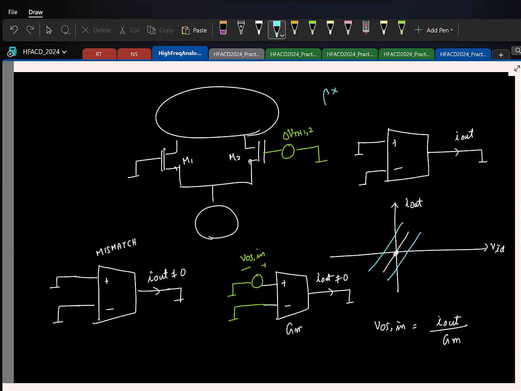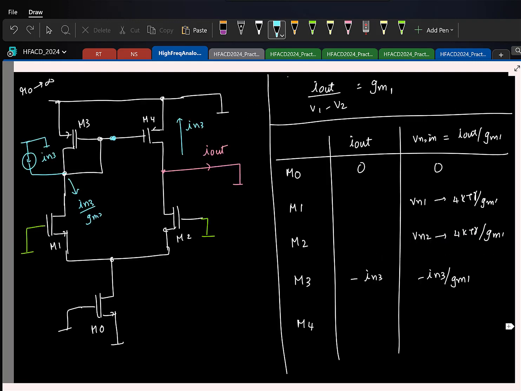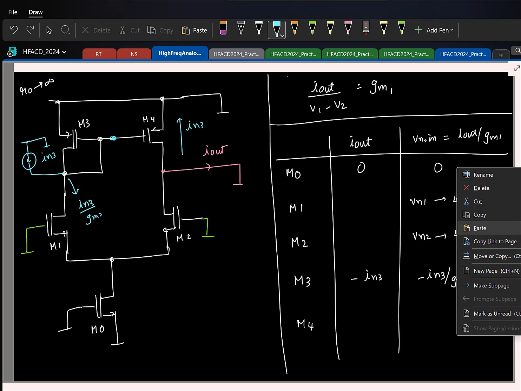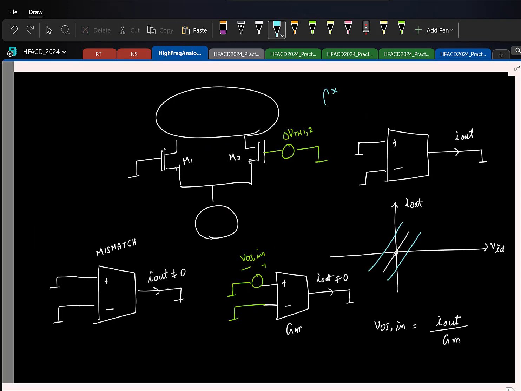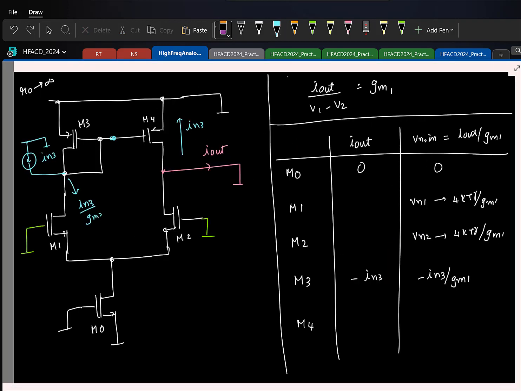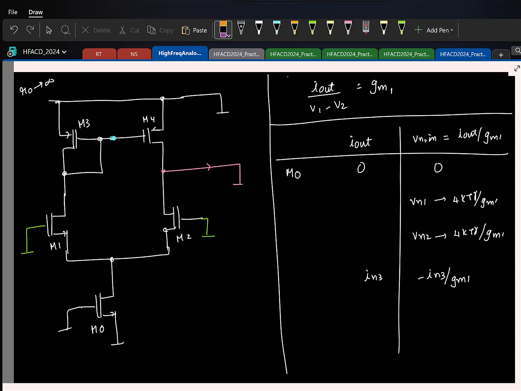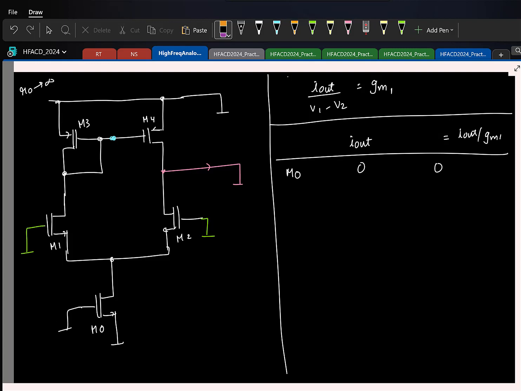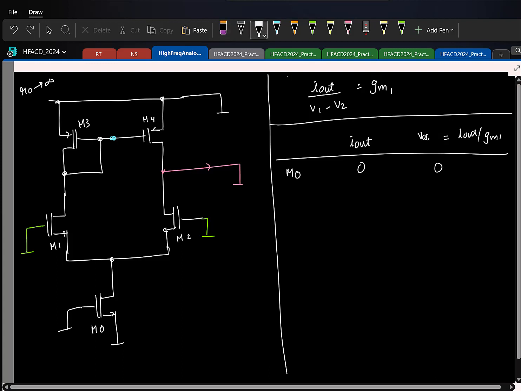Cool. So now if this is fine, let's do the calculations for finding offset here. I'll take the same 5 transistor circuit. Now erase all this. The procedure is the same.